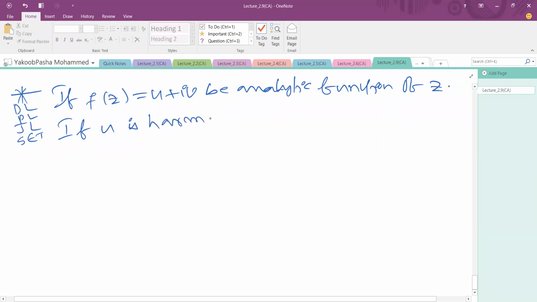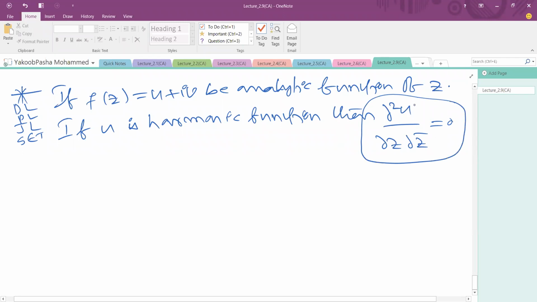If u is a harmonic function, then it satisfies the differential equation dou square u by dou z dou z bar is equal to 0. This is an important result.